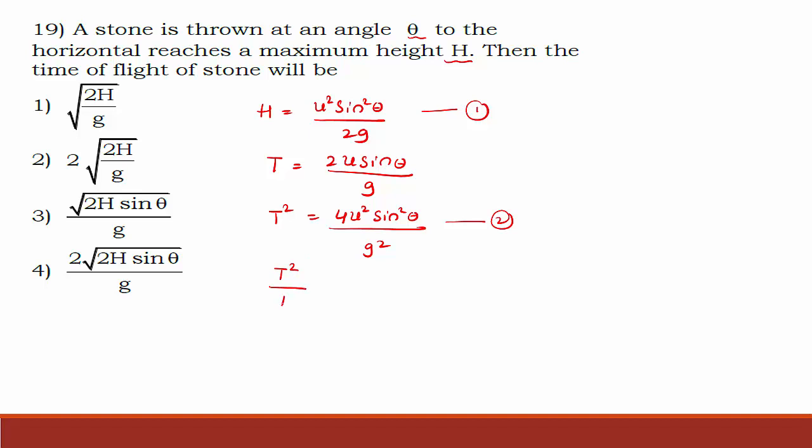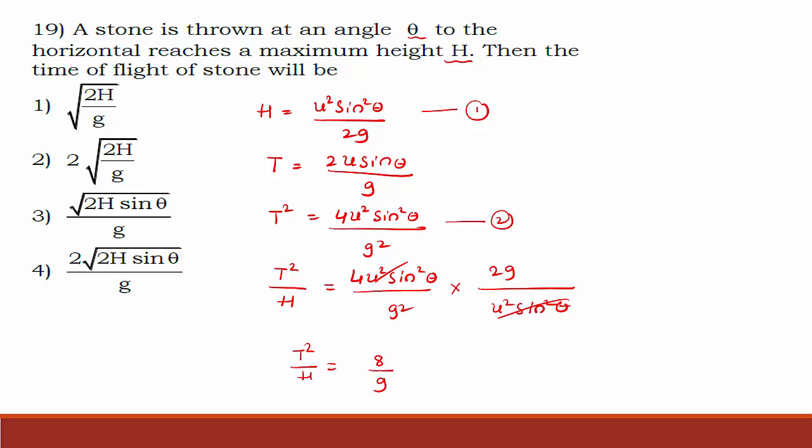Dividing these two equations, t square by h is equal to 4 u square sin square theta divided by g square into 2g divided by u square sin square theta. u square sin square theta will get cancelled. So we can write t square divided by h is equal to 4 into 2 is 8, divided by g, one g will get cancelled here.